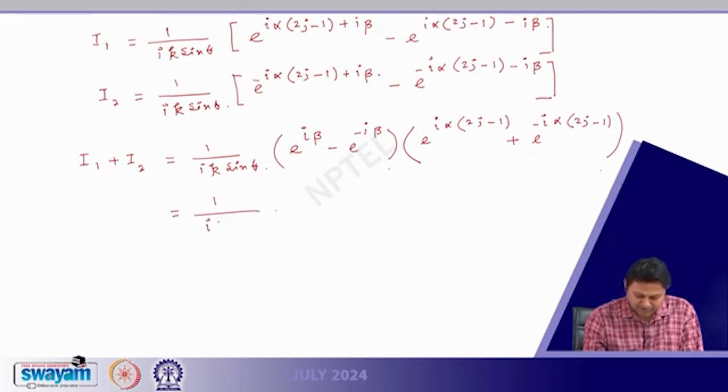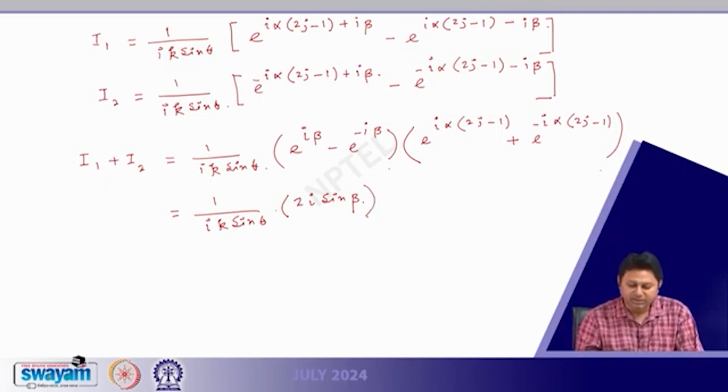So, this term we get, and now we can simplify a bit, because now we are in a position to write in a more compact form. So, I k sin theta, this term I write 2 I sin beta, because it is e to the power I beta minus e to the power minus I beta.